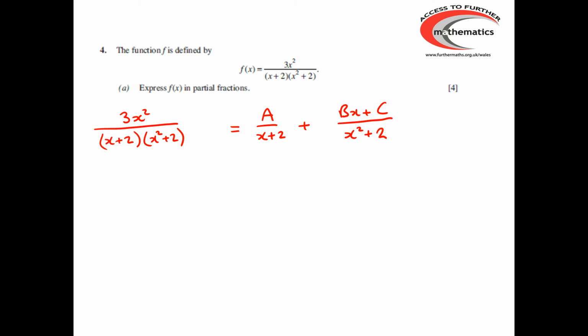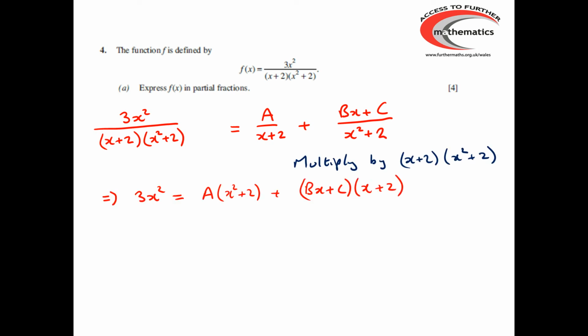If we multiply right across that expression by the common denominator, (x+2)(x²+2), what we are really looking for is that 3x² needs to be the same as A(x²+2) + (Bx+C)(x+2).